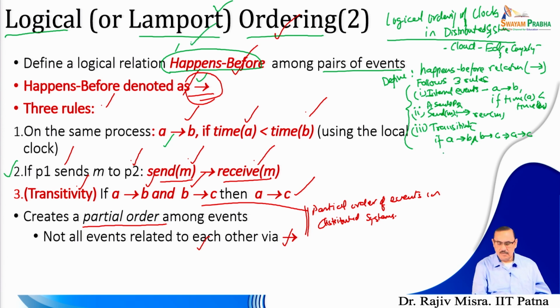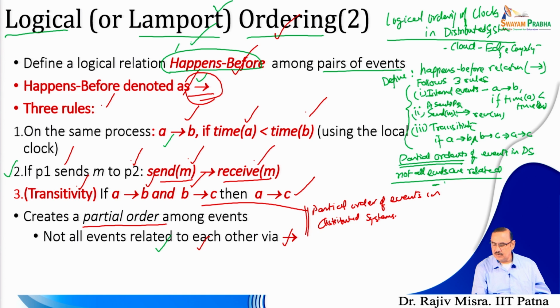Now, if you define these three rules between any pair of events in a distributed system, then it is going to create a partial ordering of events in a distributed system. So, when you say partial ordering of events in a distributed system, that means not all events are related here in this case.